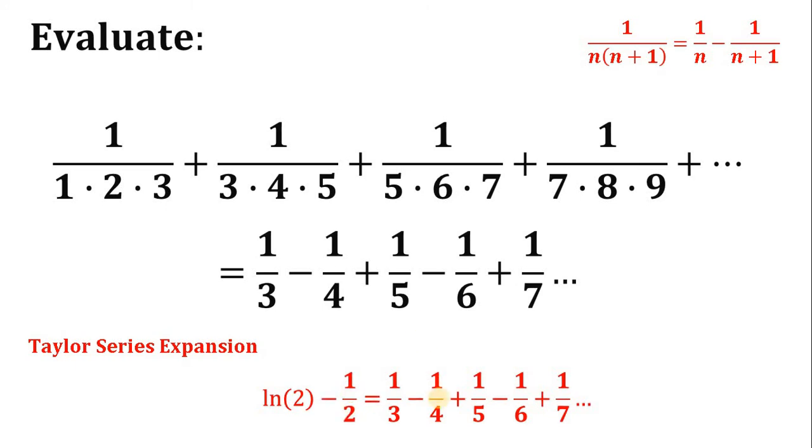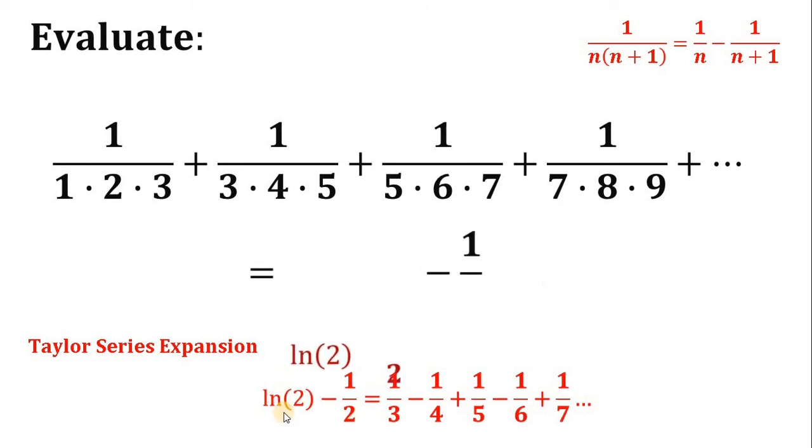And now, this is exactly this expression right here, this infinite series right here. 1/3, minus 1/4, plus 1/5, minus 1/6, plus 1 over 7, and so on and so forth. Therefore, this infinite series is equivalent to just ln of 2 minus 1/2.